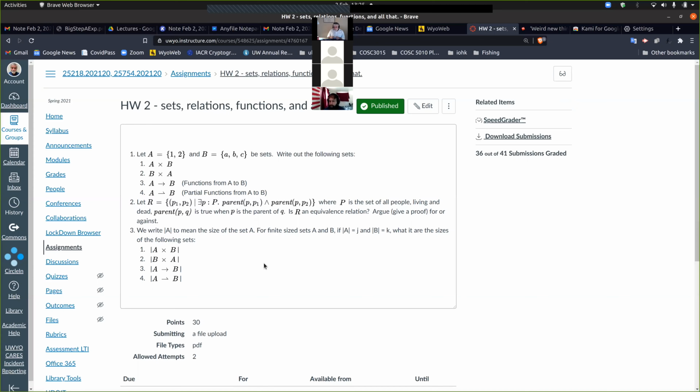So I have a question. What is the relation R supposed to be? Because I thought it was that someone shared a set of parents, but I think I misread it. No, it's that P1 and P2 have a parent in common.